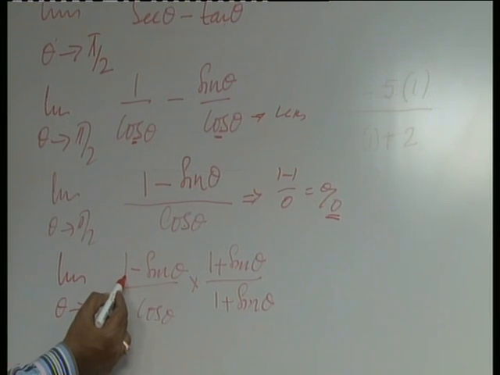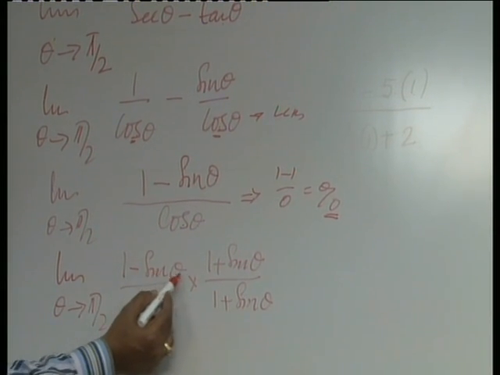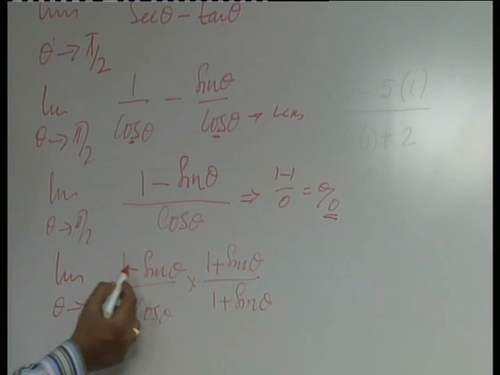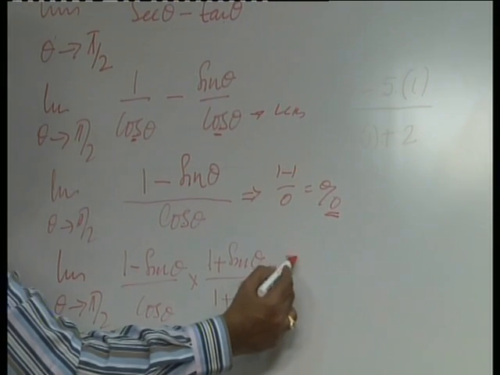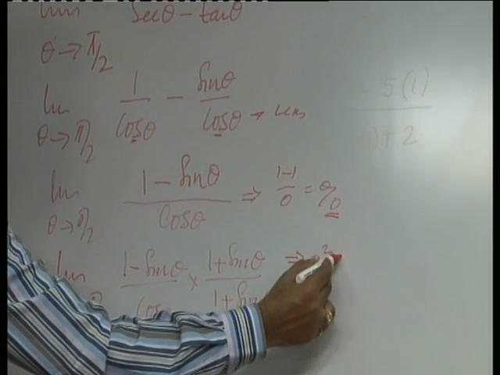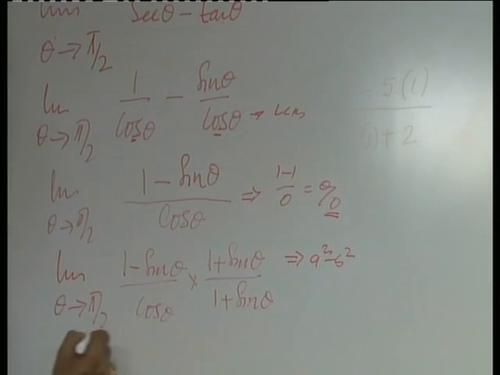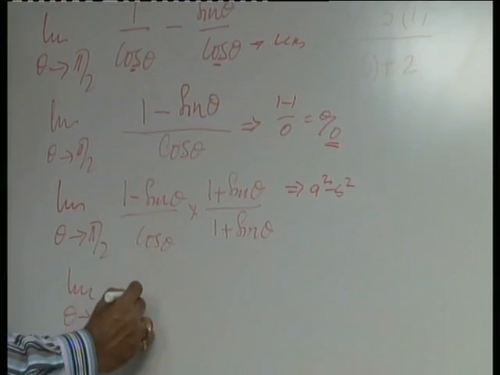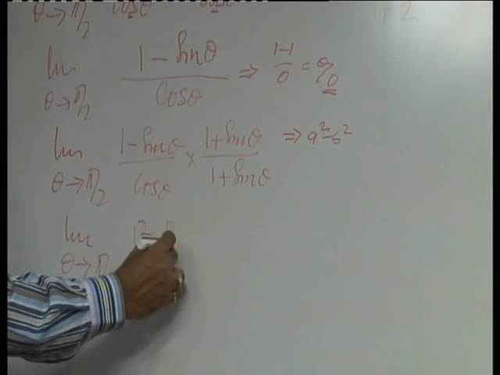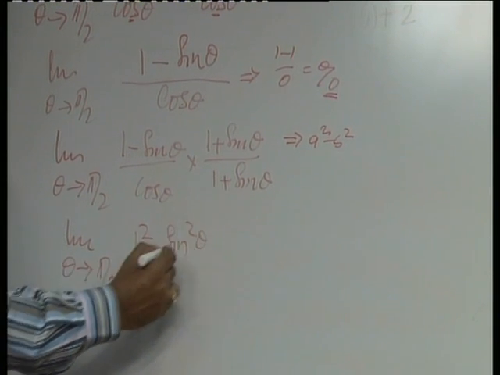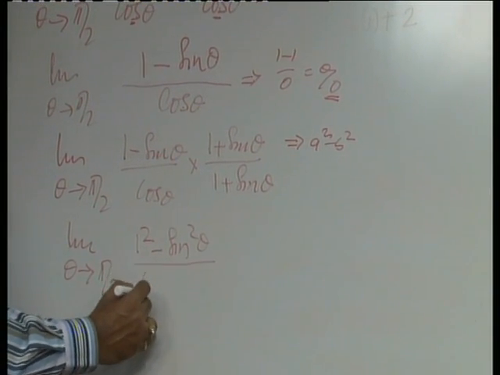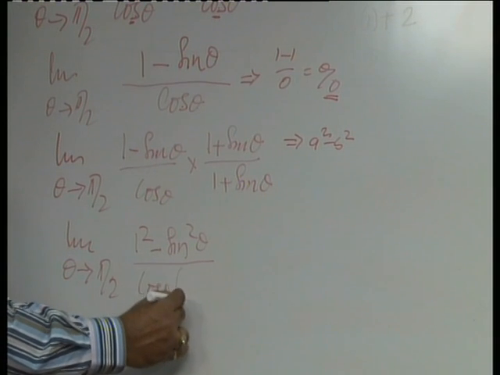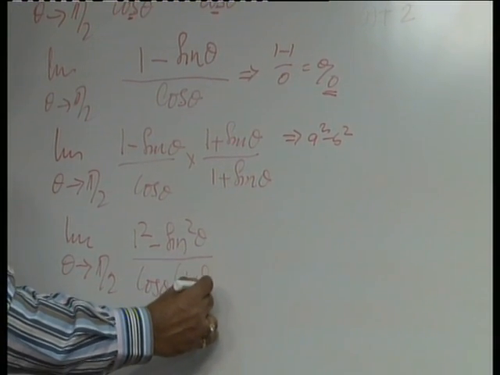You consider this as a minus b, a plus b, which becomes a square minus b square. According to this, it reduces to a square minus b square, all divided by cos theta into 1 plus sin theta.